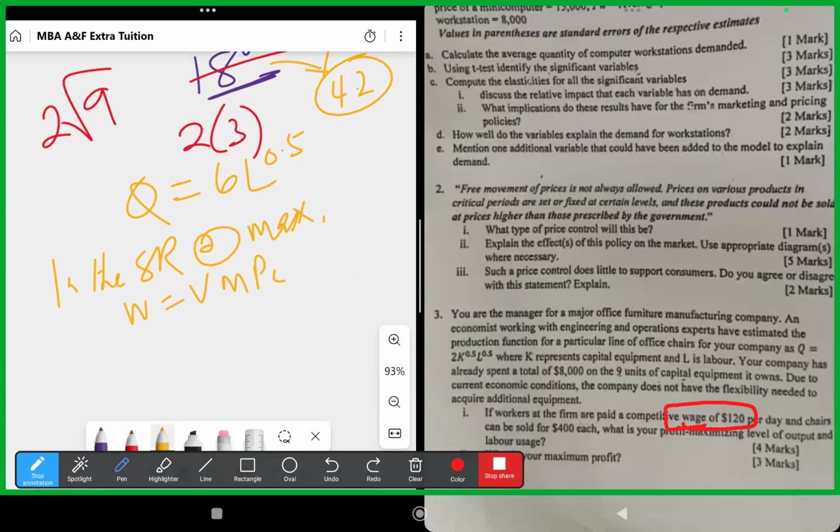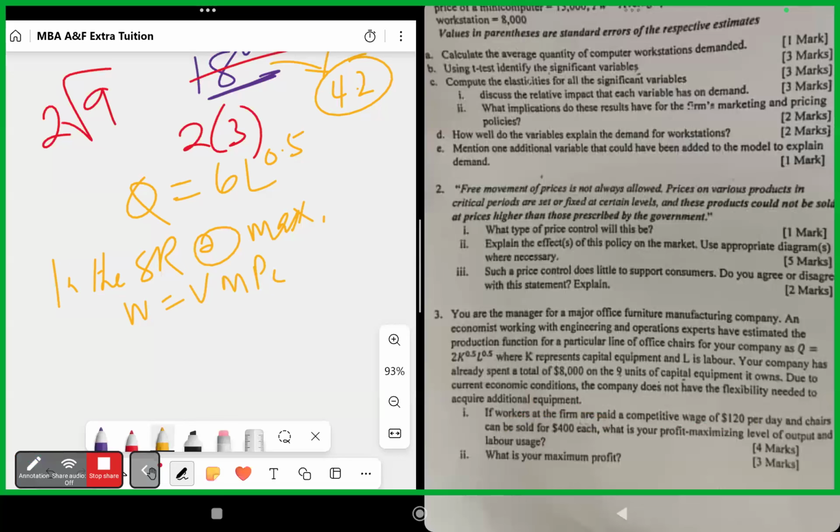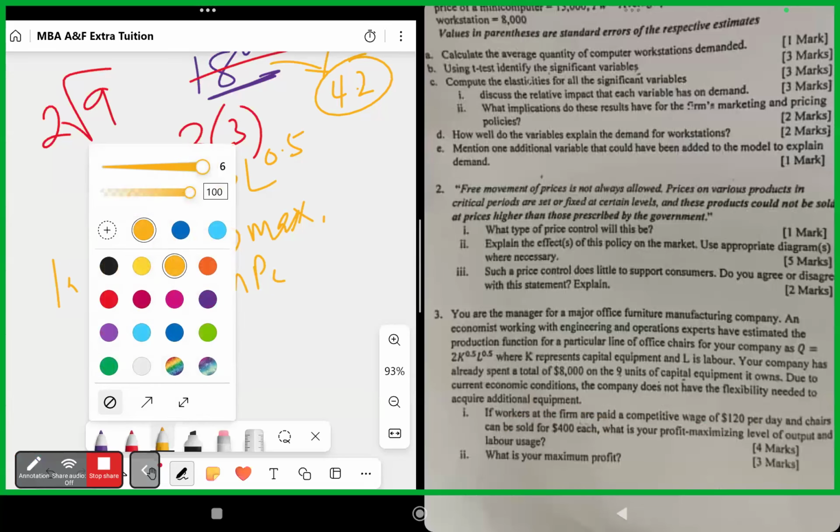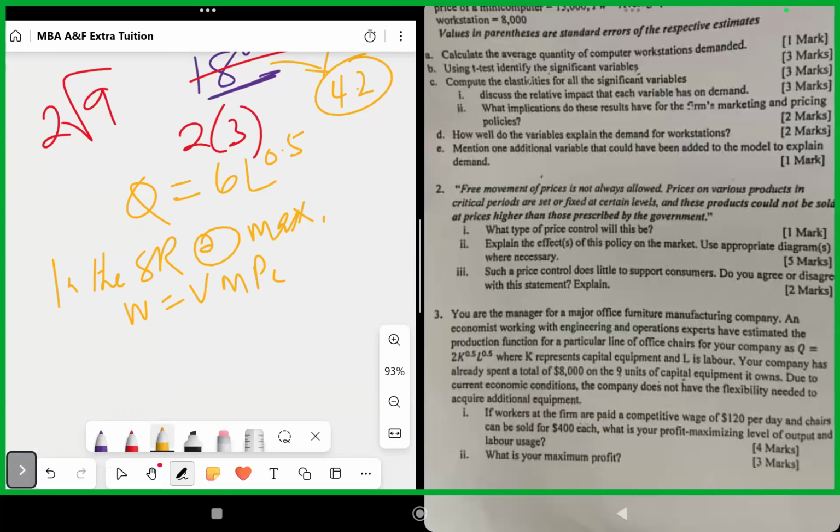That is the wage. And the chairs can be sold for 400 cedis each. That's the market price. So we plug in the values: the wage is 120, then the value is 400 times MPL.